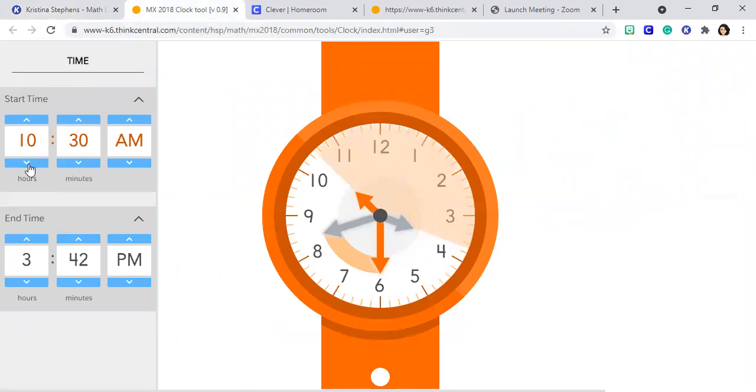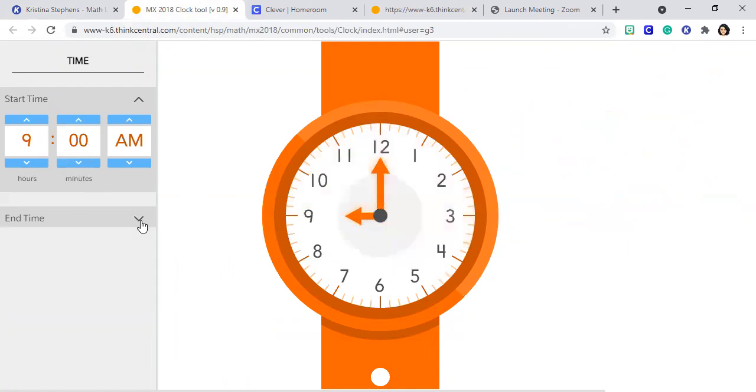Let's try it here. So if I go to 9 a.m., I probably could have moved the hour hand a little bit quicker, couldn't I have? So if I go to 9 a.m. and I want to ride the bike for 1 hour, 45 minutes, I could go around the clock 1 whole hour and then keep going for 45 minutes.